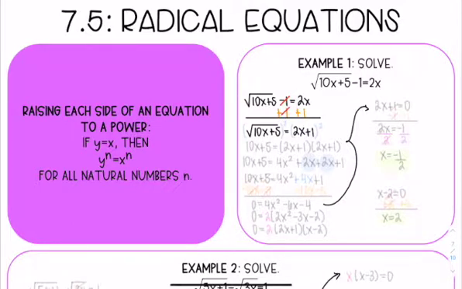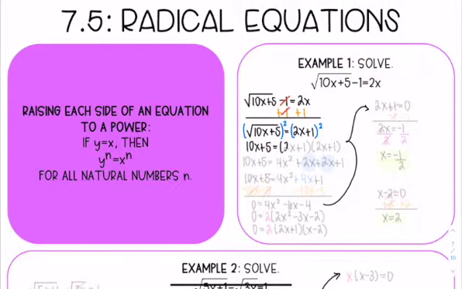Now to undo the radical, we are going to square both sides. On the left-hand side, the square root and the square cancel, and we're just left with the piece that is underneath the radical, so just 10x plus 5.